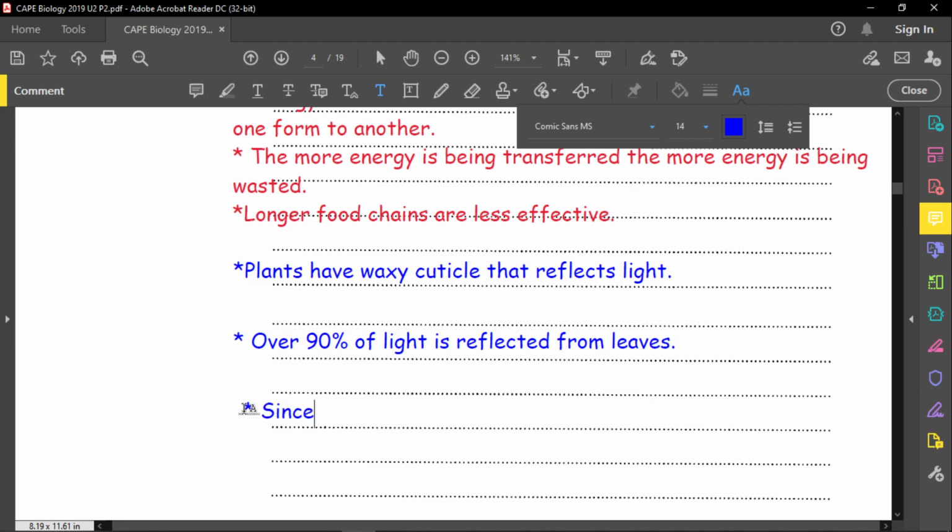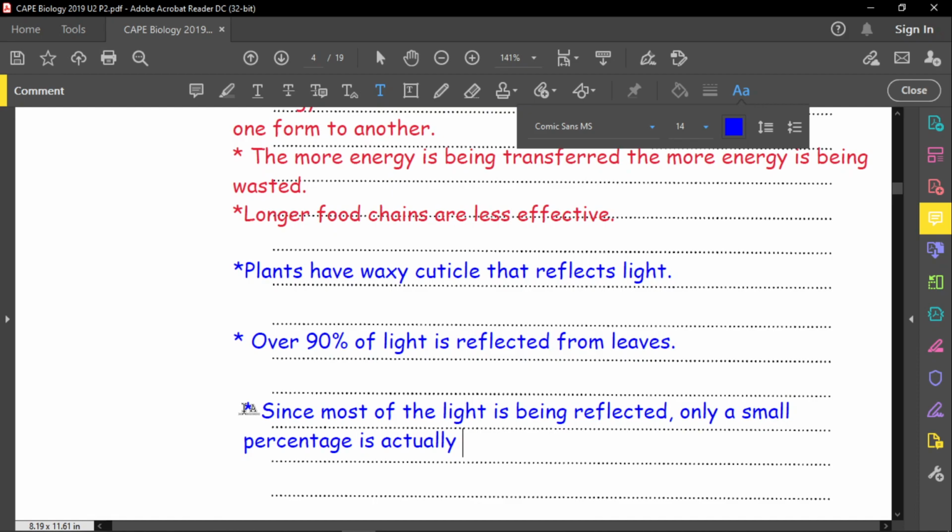Since most of the light is being reflected, only a small percentage is actually being absorbed.